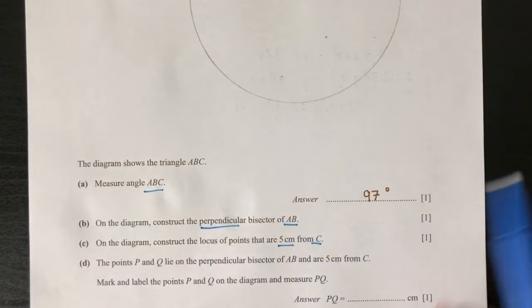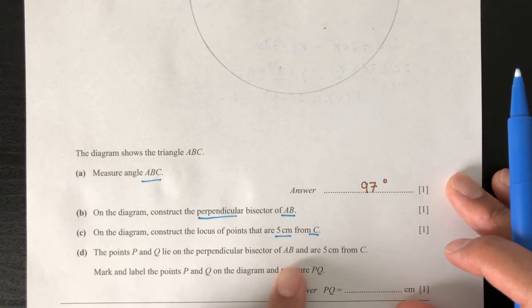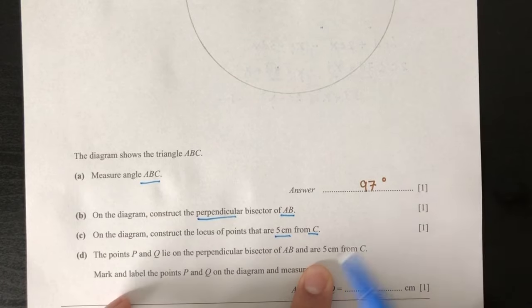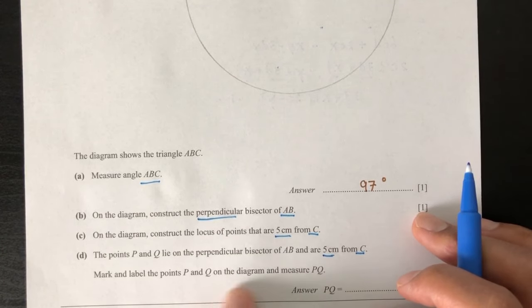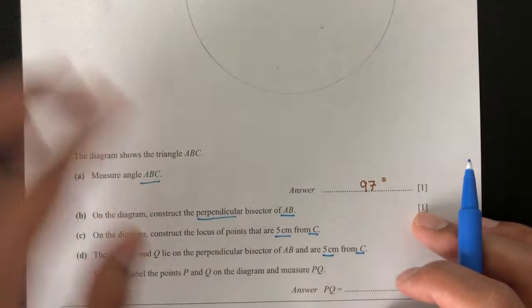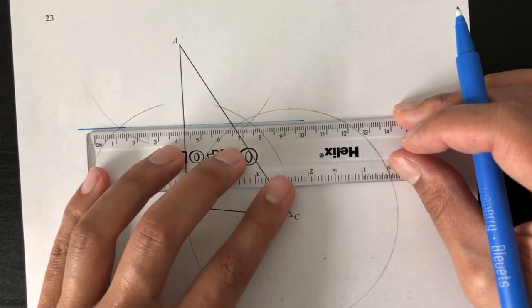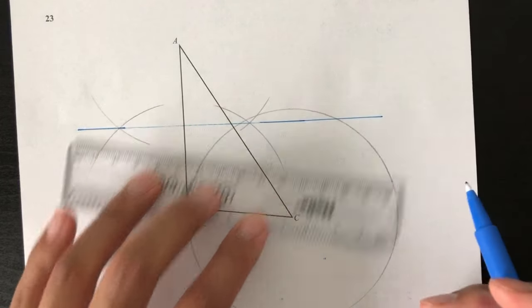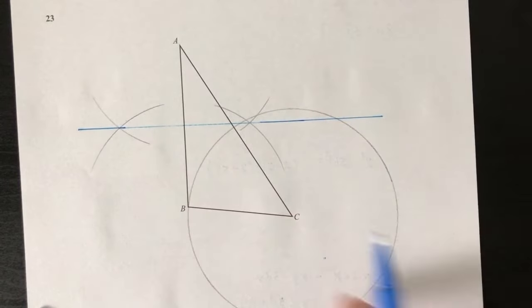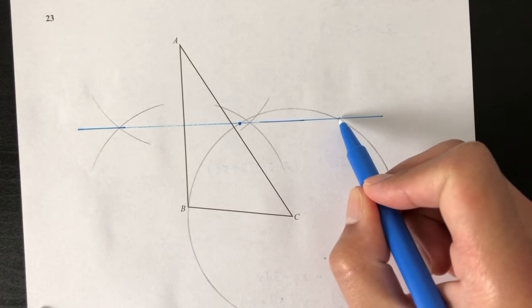Now next one is the points P and Q lie on the perpendicular bisector of AB and are 5 centimeters from C. Mark and label the points P and Q on the diagram and measure PQ. So we have to extend this line, because this is supposed to intersect with this line at 2 points, as you can see, we have 1 point here and we have 1 point here.